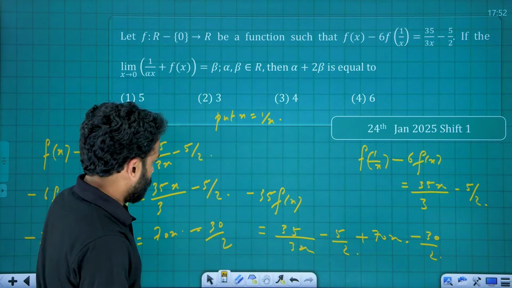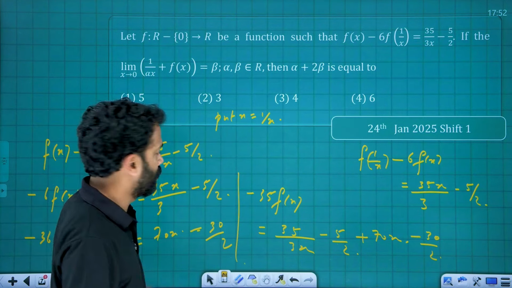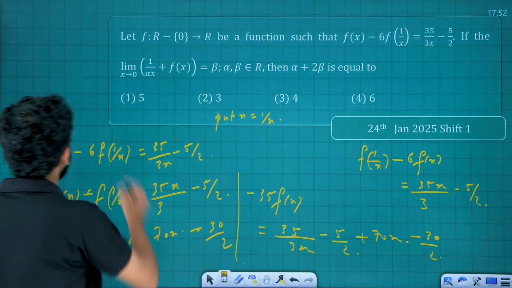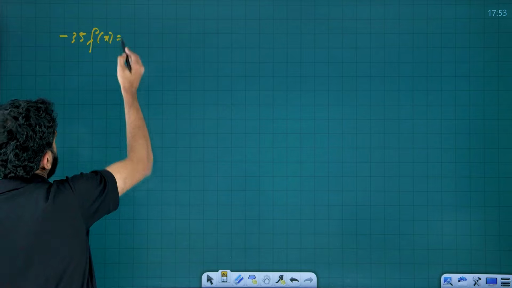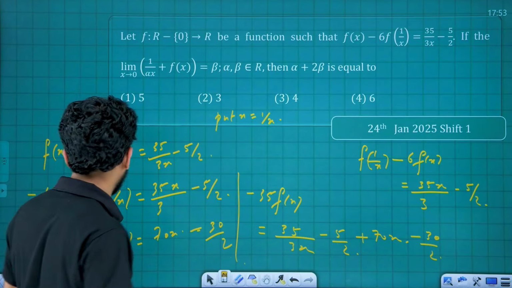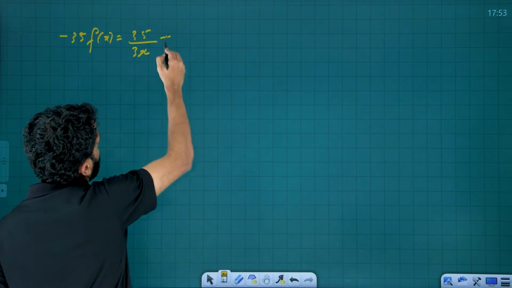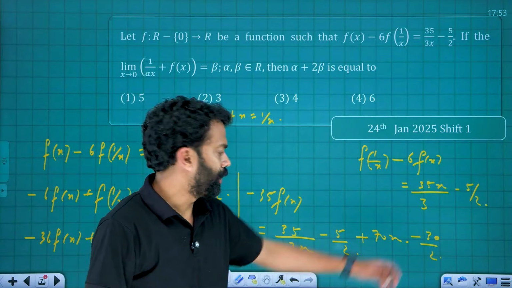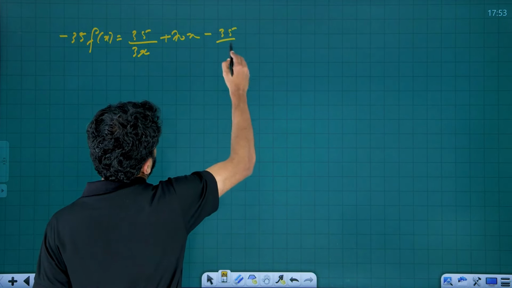Okay, one more step we can perform on the next slide, that is minus 35 into f of x is equal to 35 by 3x plus 70x, and minus 5 by 2 minus 30 by 2, that is minus 35 by 2.